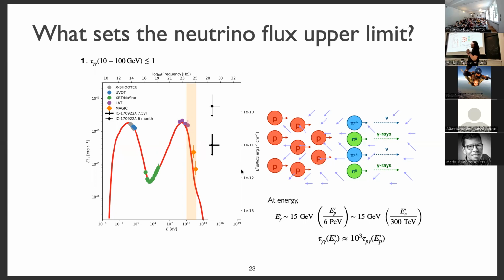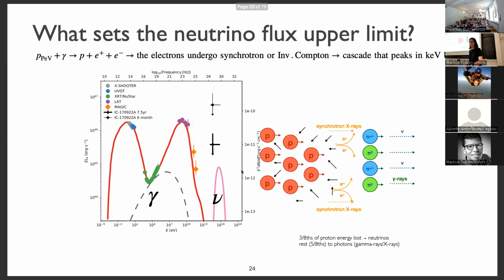Okay, we can by brute force increase the proton luminosity. This is a sort of tunable parameter that we can just put up as much as possible. So if we can't make it efficient, we just inject more protons, or assume that more protons were injected in this system. And this is another place where we get this upper limit to the neutrino flux.